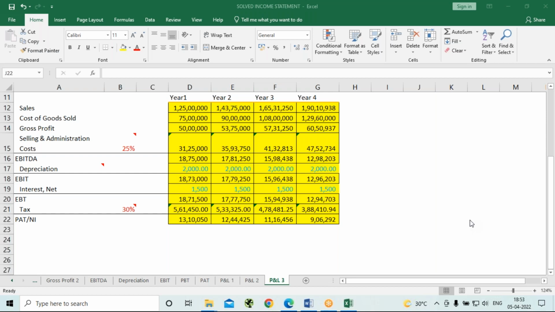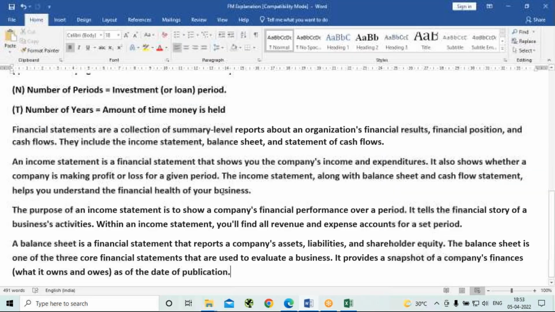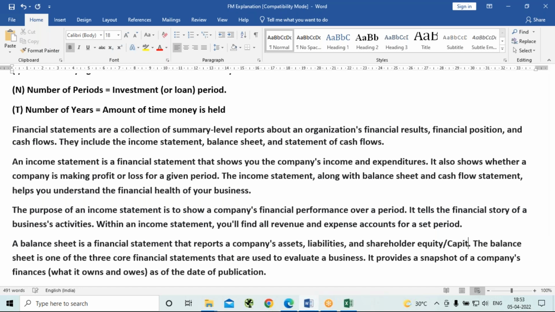So balance sheet means, it is a financial statement that reports a company's assets, liabilities, and shareholder equity, which is also called the capital. Okay, so either it is a shareholder's capital or it is the owner's capital.